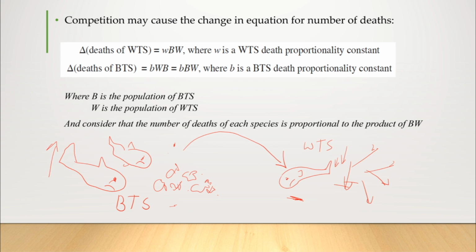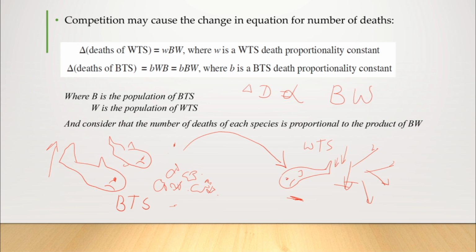So the death rate of WTS, depending on this situation, what we conclude from the story behind this is that the change in deaths of one species is proportional to the multiplication of both species.